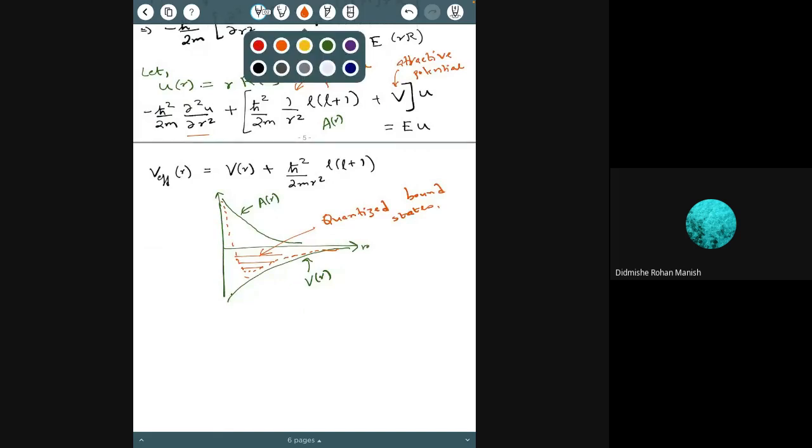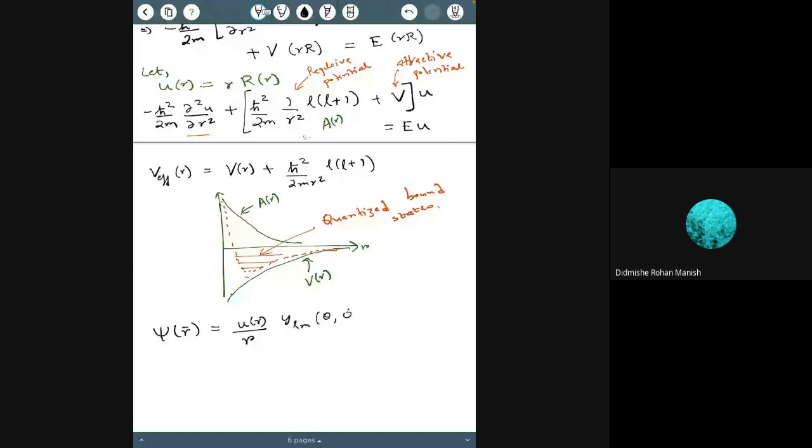Now, let's just go back to the wave function again. In terms of u, u is a function of r, and then you have Y L M theta phi. So this is the form.